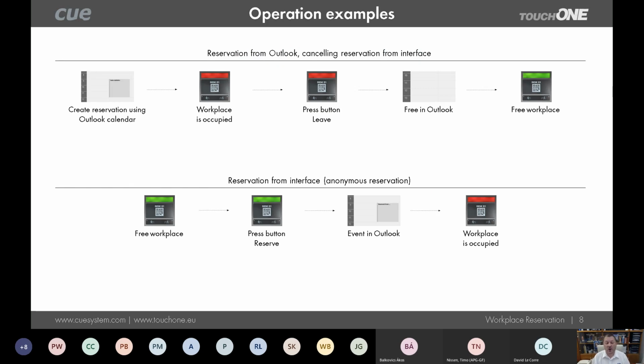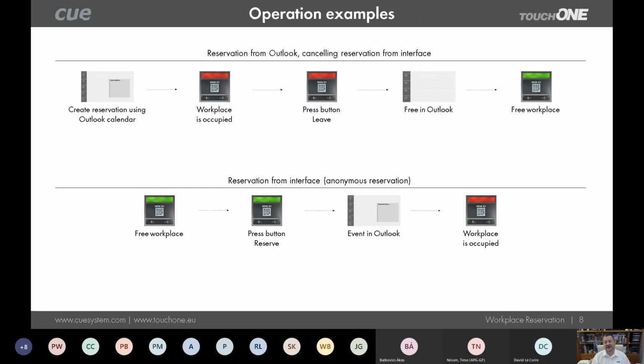Typically, how it all works, how you can use it. Here are some operation examples. So first, you do reservation from your Outlook. You go typically to your calendar and you create in the calendar of such a workplace an event, you do reservation for this workplace.